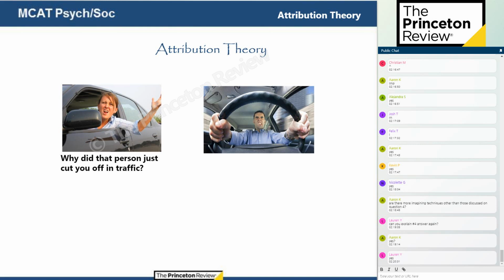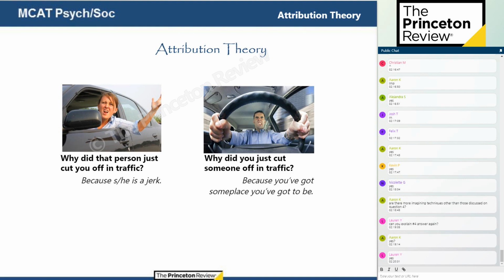So for the question of, why did that guy just cut me off in traffic? Well, you might answer, well, because obviously they're a jerk. Now, why did I just cut somebody off in traffic? Well, because I got to be someplace. I'm running late. I need to go.